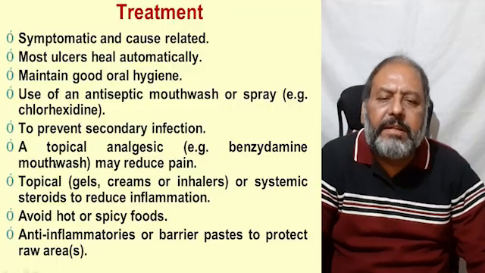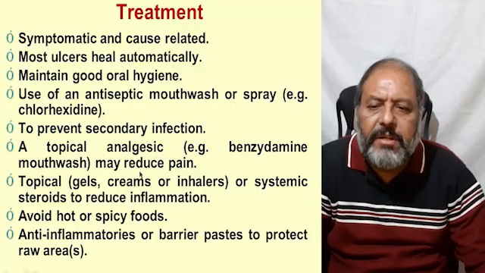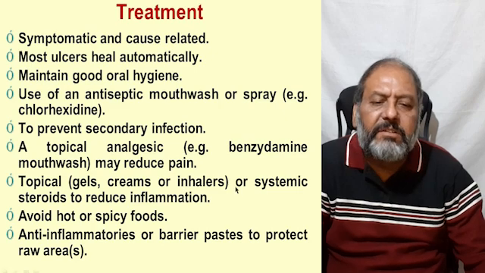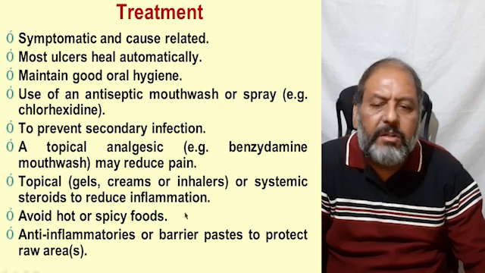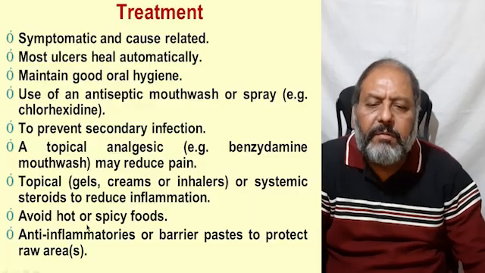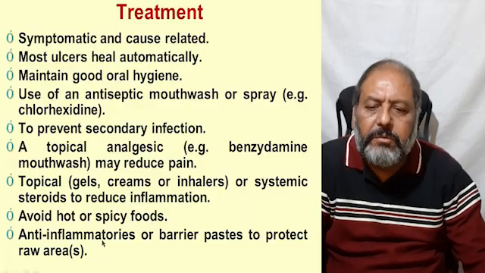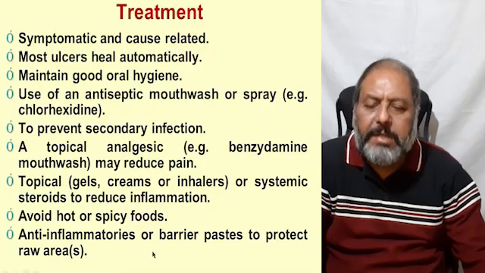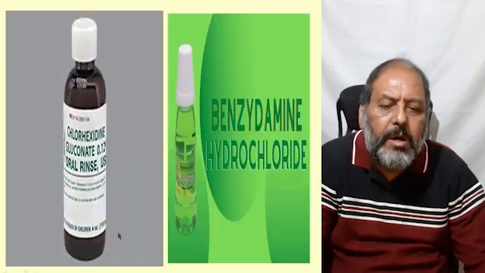A topical analgesic like benzydamine mouthwash may reduce the pain. Topical gels, creams, or inhalers, or systemic steroids reduce inflammation. Avoid hot or spicy food, and use anti-inflammatories or a barrier paste to protect the raw areas in the mouth.